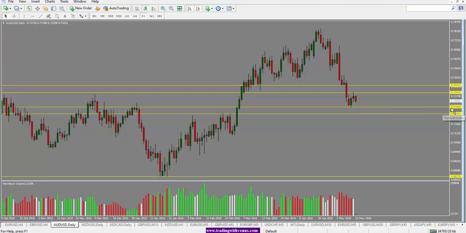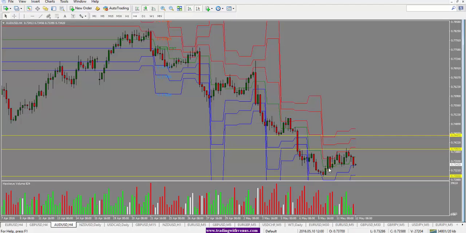So looking to buy at the 0.7300 level and looking to sell at the 0.7400 level. Looking at the 4-hour chart here, we see the price came and tested the high of the range at approximately the 0.7400 level and then dropped back from there, and now it's pushing down to the downside and looking for it to go to 0.7300.